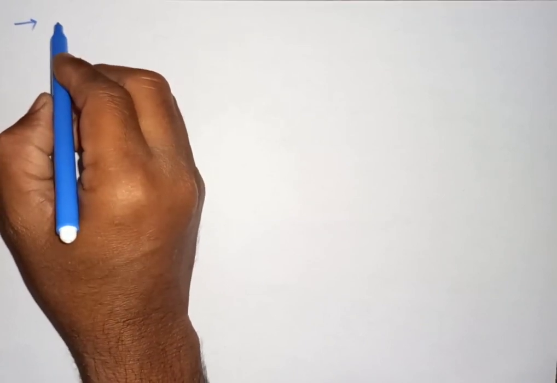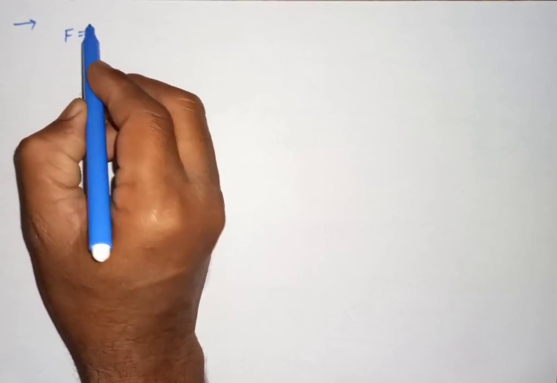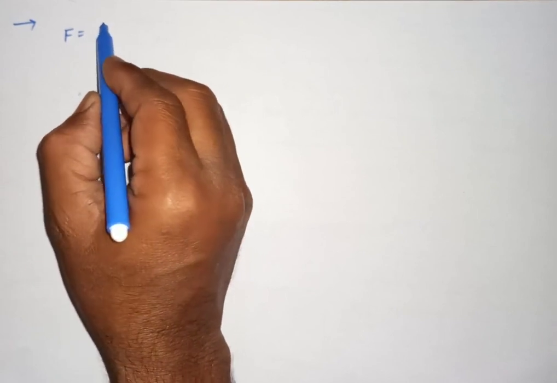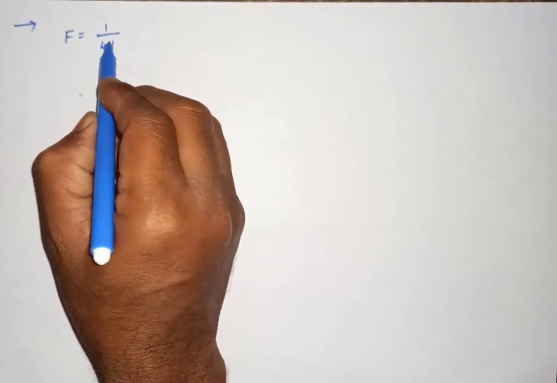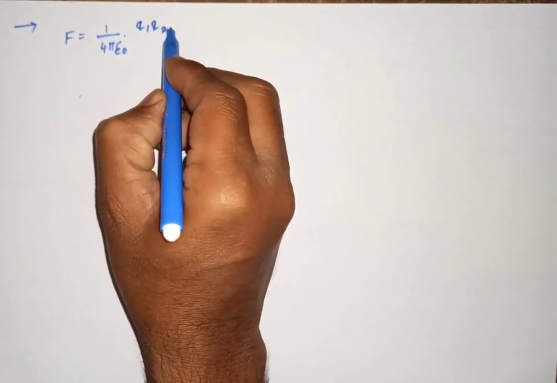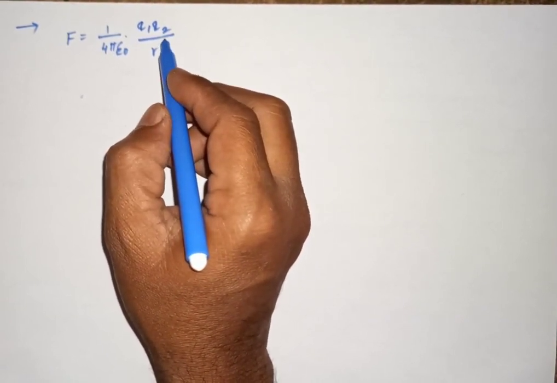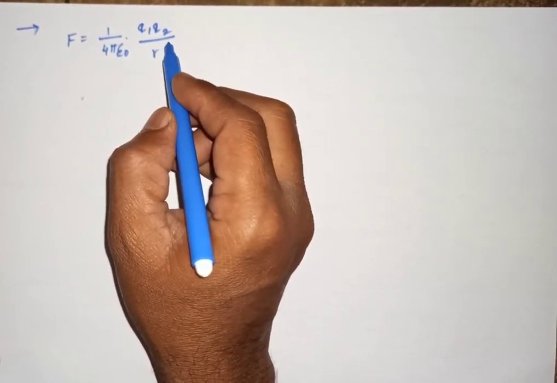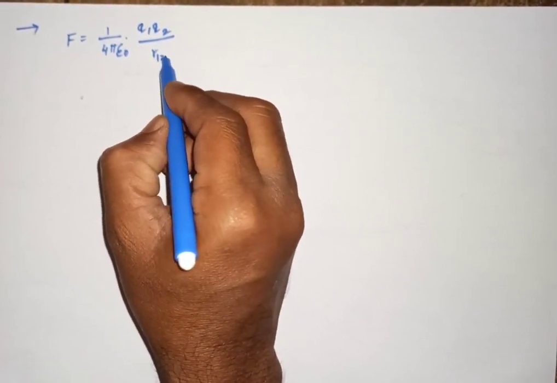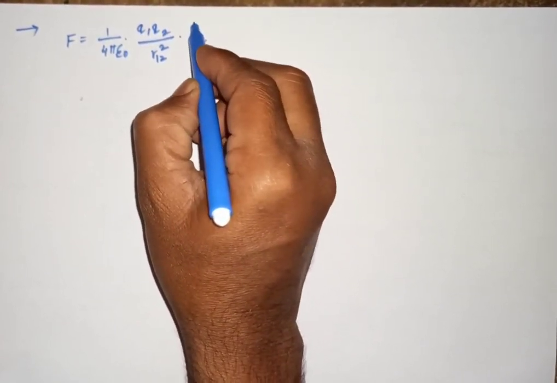Actually the force is a vector quantity. Then Coulomb's equation is written in vector form as F equals 1 by 4 pi epsilon naught q1 q2 by r12 whole square into r12 cap.